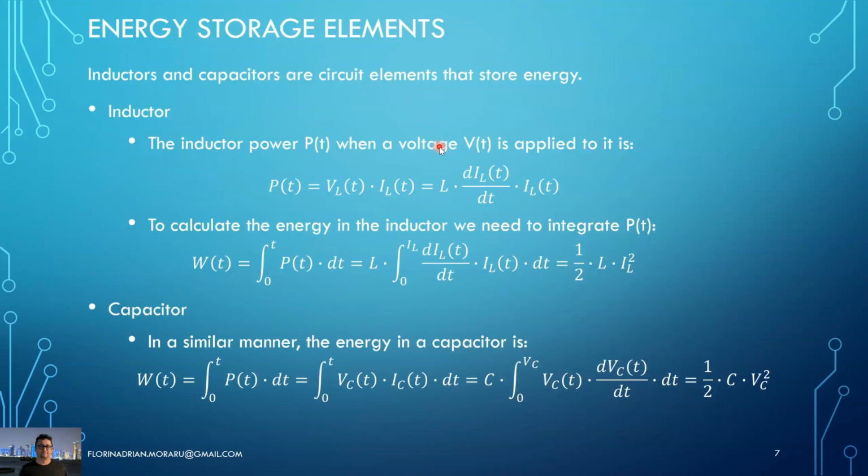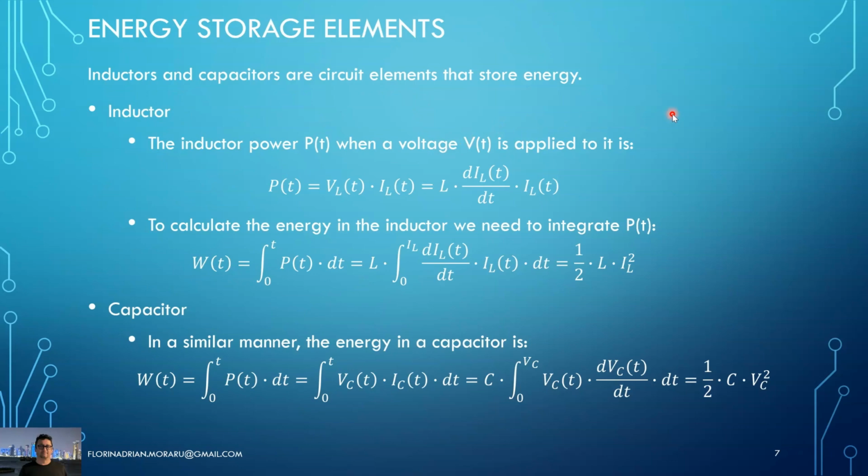As you noticed from the basic topologies, we are dealing with inductors and capacitors. Those are energy storage elements. Of course, we can calculate the instantaneous power simply by the product of voltage and current through them. And if we want to calculate the amount of energy stored in an inductor or a capacitor, we just need to integrate the instantaneous power.